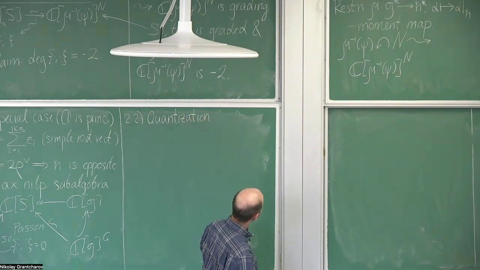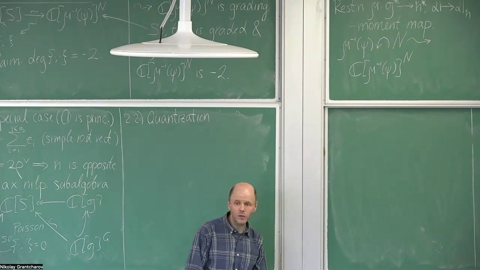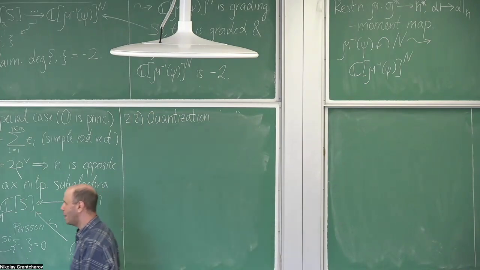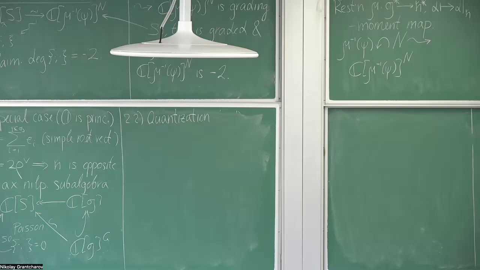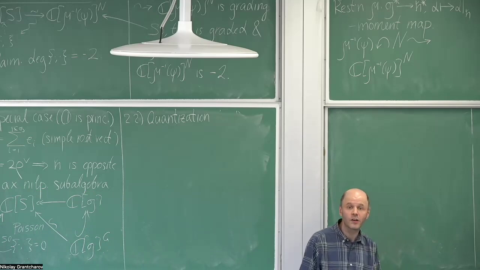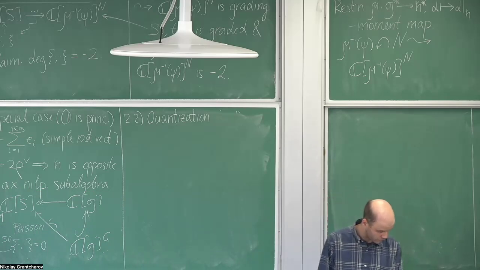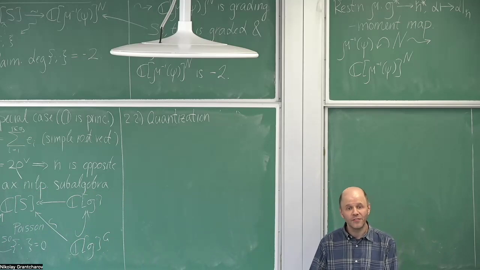Once you have something defined, a Hamiltonian reduction, then your best hope for quantization is just to quantize all ingredients of the Hamiltonian reduction and hope that it will do a job. But before I get there, I need to explain what I mean by quantization in this context, where I have a graded Poisson algebra.